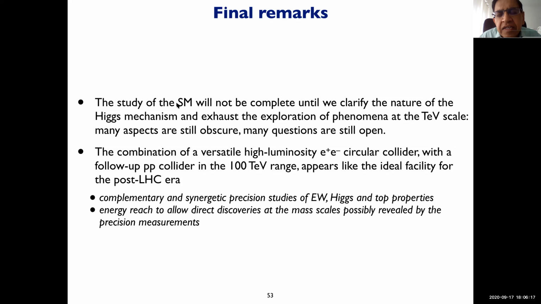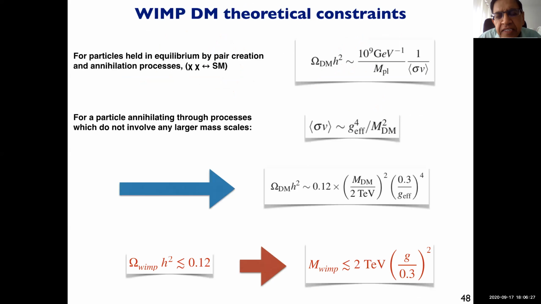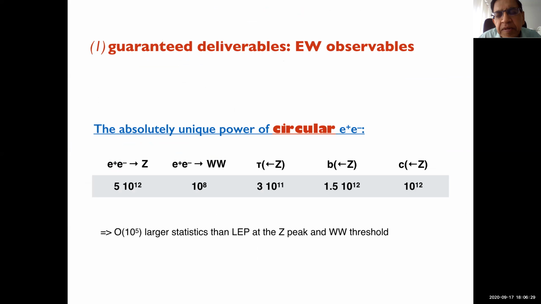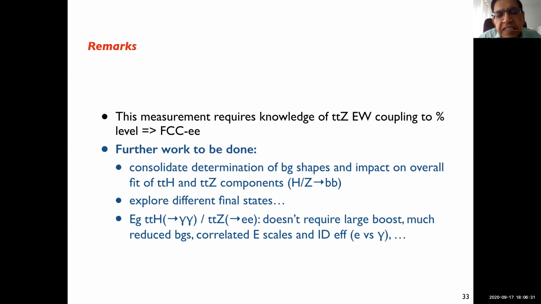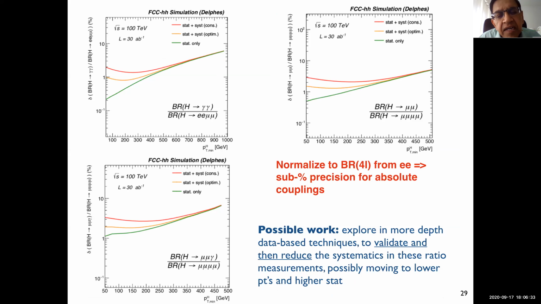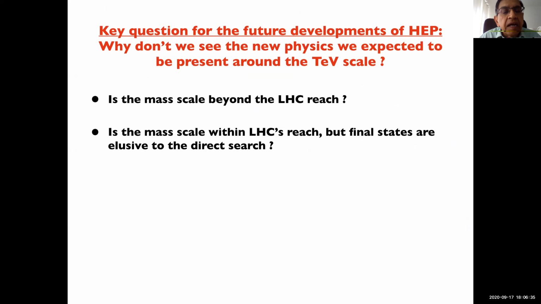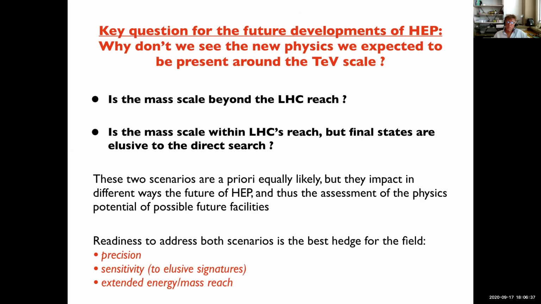No, I think on page 19 you said well-justified BSM model, and in the end it doesn't look like there is any well-justified BSM model that will be tested by the FCC-hh. No, I don't understand. For example, you said that SUSY would be improved by a factor of 2 or 3. No, the SUSY limits will be improved by a factor of 5, much more than that.